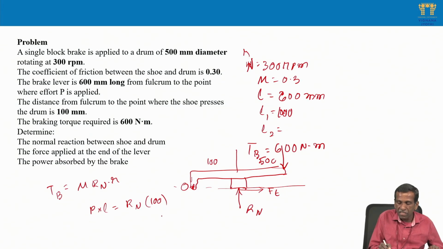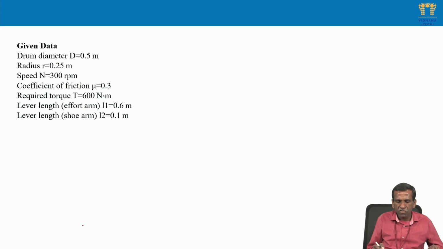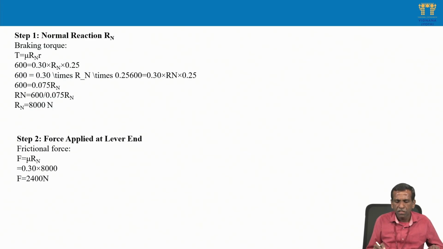In other cases, if the pivot point is below or above the frictional force, we can also write the relevant relation, take moments about O, and substitute to get the effort required. And power, obviously, is frictional torque into omega, that is, braking torque into omega. You can use this and solve the problem.